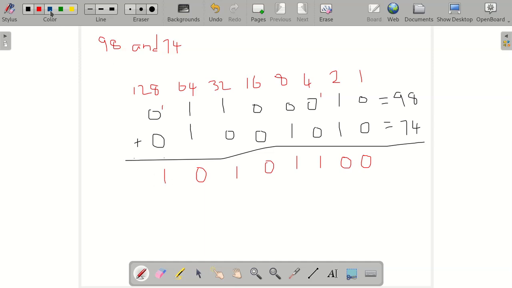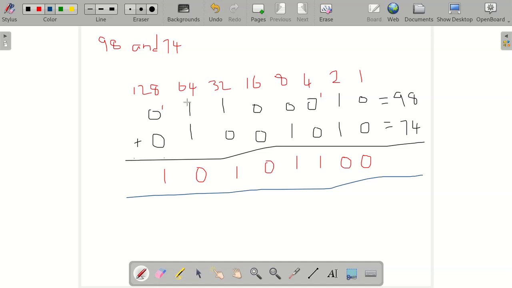Now, since in the first video I had forgotten to talk about the principle of an overflow, how can we know that an overflow has occurred? When we started calculating, for us to come up with 98, our one was, this was our first binary.